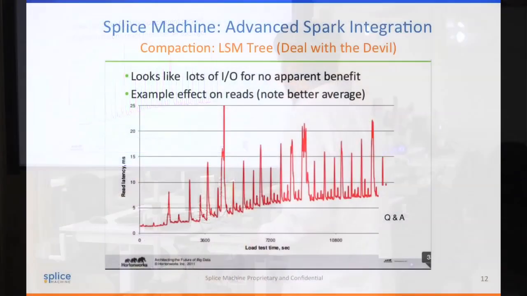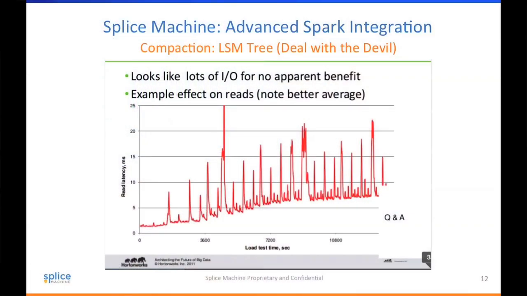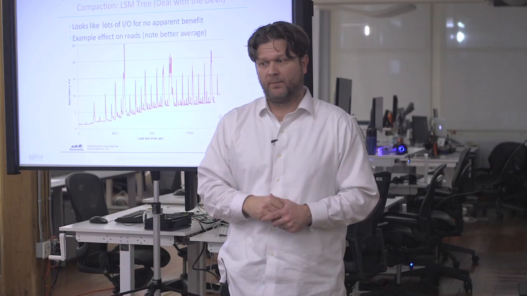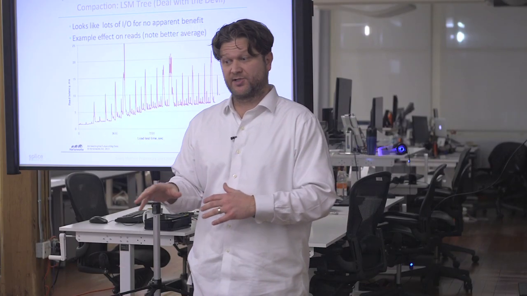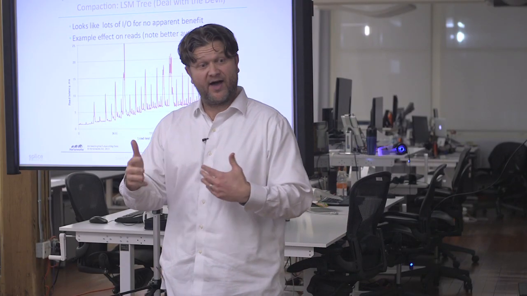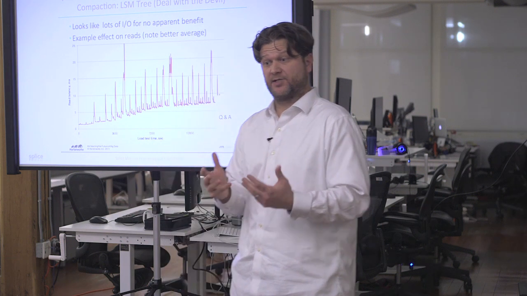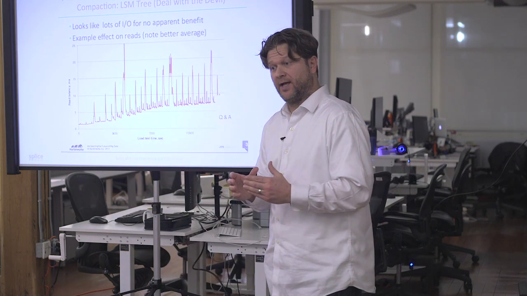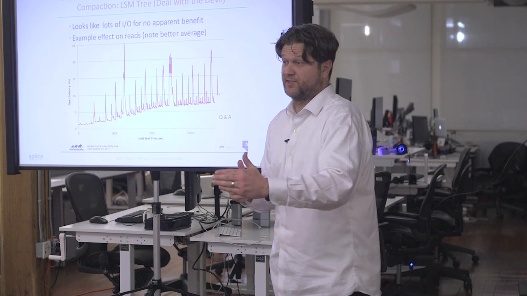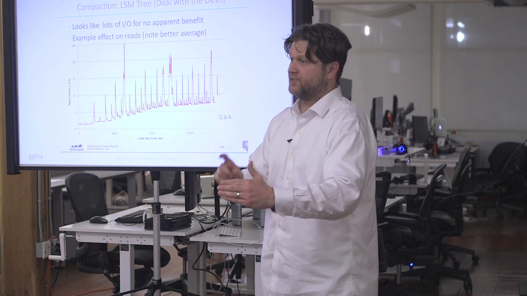Okay, so let's get to the technology piece of this. LSM tree, this is HBase, Cassandra, any of those sorts of things. One of the things I noticed about Spark is its usage is very much for machine learning libraries. But one of the challenges in the Hadoop ecosystem and other key value store or transactional store databases is you usually have a whole set of things that are transactional, quick range scans, things like that.